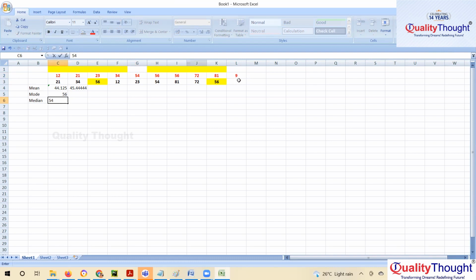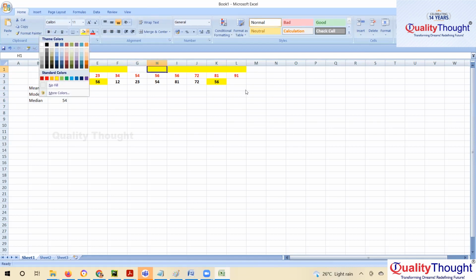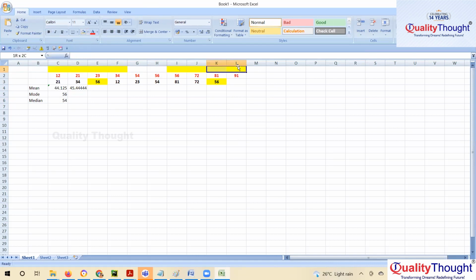Now let's say I add one more number, 91. Now tell me what will be the median? We have 10 numbers now. You have 4 numbers on this side and 4 numbers on this side, so now you have 2 numbers dividing the data set into two halves.